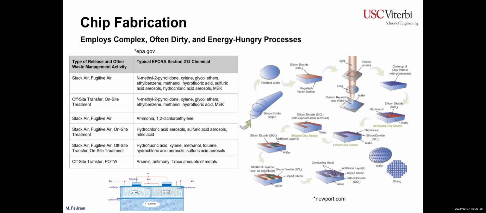So generally, chip fabrication is essential. We must do it, but it is a very GHG intensive process because of all the material and process steps that are involved in producing state-of-the-art manufacturing.